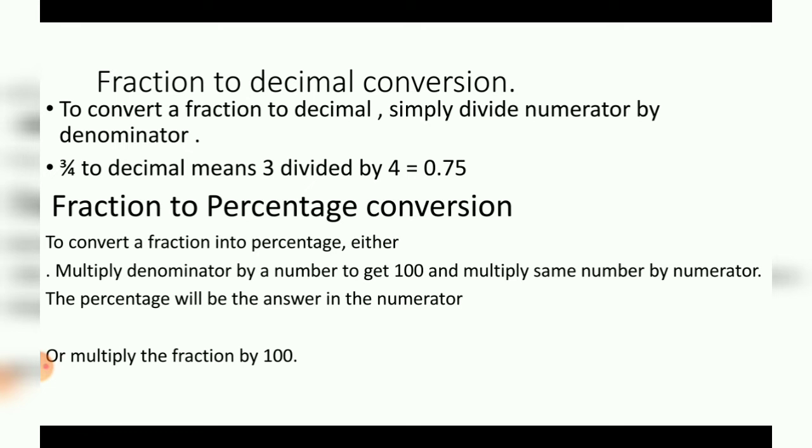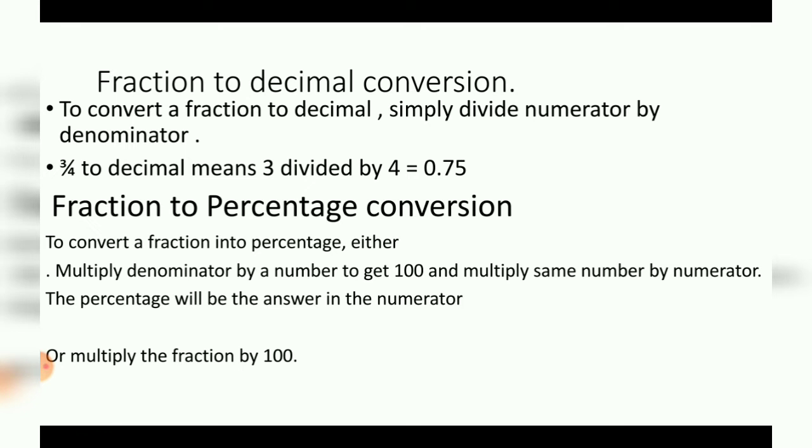So the first thing is fraction to decimal conversion. When it comes to converting a fraction like 3 upon 4 to a decimal number, simply divide the numerator by the denominator. These points are sometimes confusing, even I was confused one time. So you write the fraction with the numerator inside and the denominator outside. For example, with the fraction 3 by 4, 3 goes inside and 4 outside.